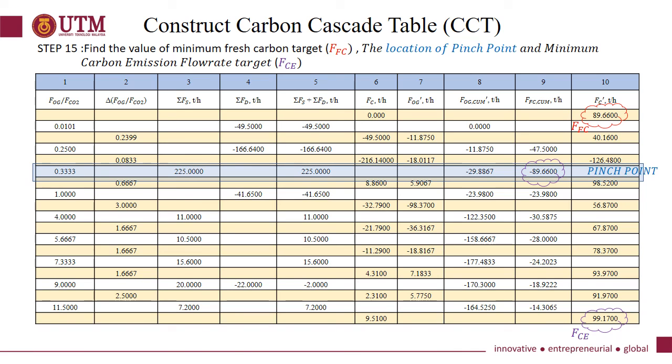The location with the largest negative number at column 9 also represents the pinch point of the carbon cascade table. The minimum carbon emission flow rate target, FCE, is obtained from the last value of FCE in column 10, which is 99.17 in this case.